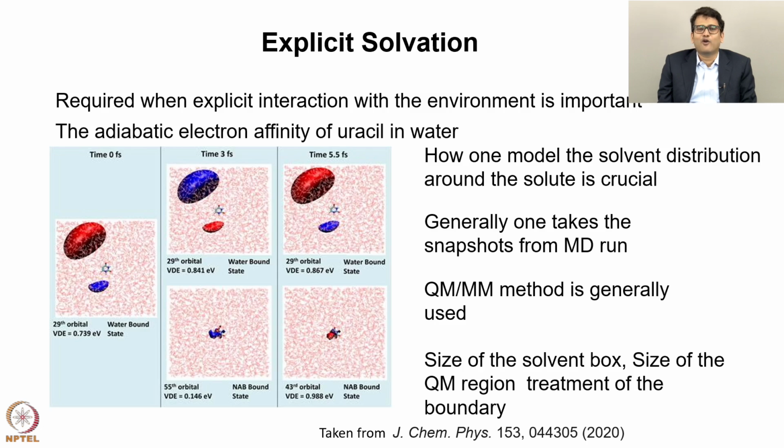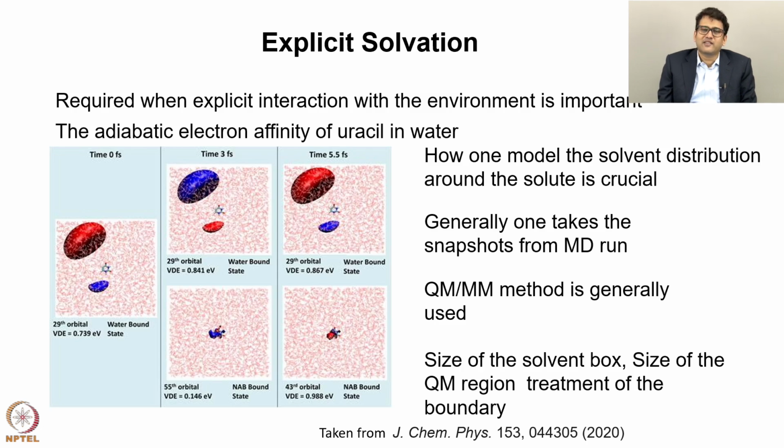Now the question is how large is large enough to mimic the actual bulk water, and that is very difficult to predict. The second thing is that in most cases I am working with a non-polarizable force field. So my MM region is polarizing my QM region, but the QM region cannot back-polarize the MM region. That can lead to a problem.